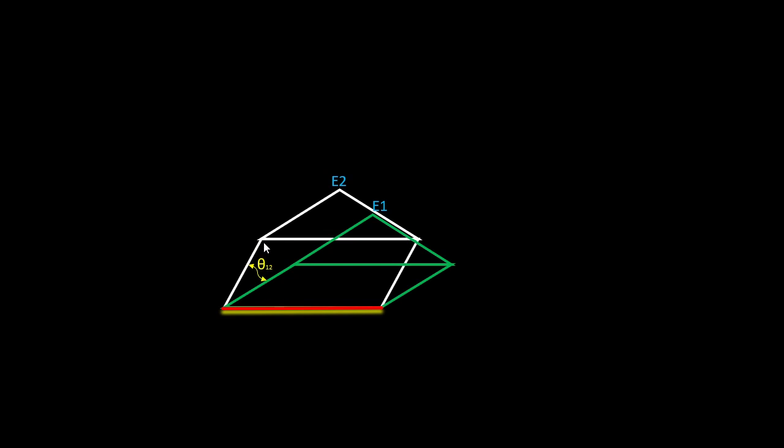Again, what is theta 12? The angular position of the input link in the second position with respect to the first position, theta 2 with respect to 1. So this angle is theta 12.